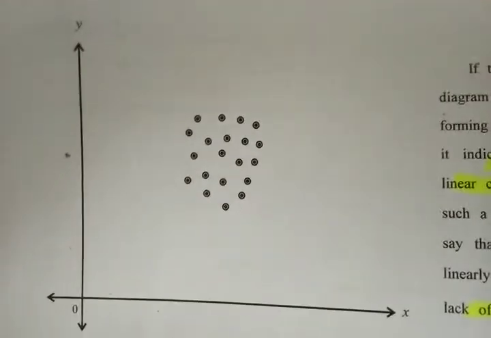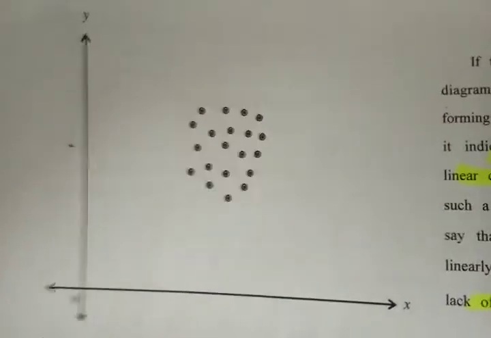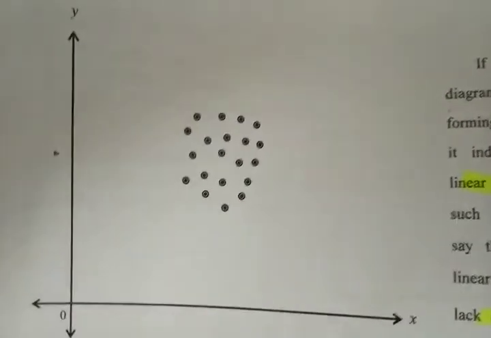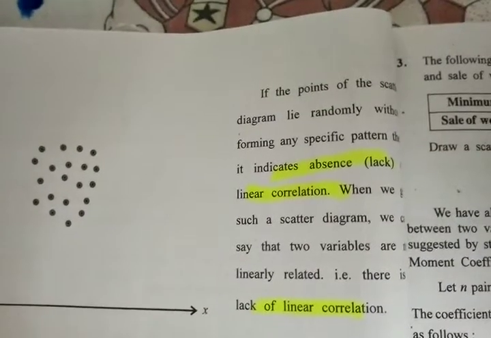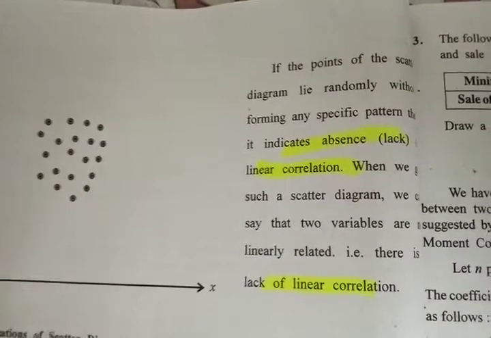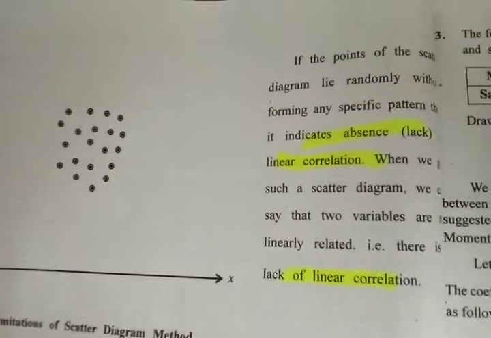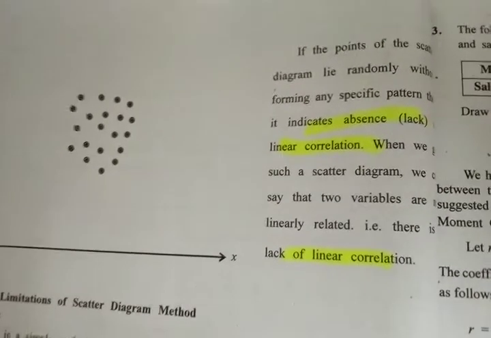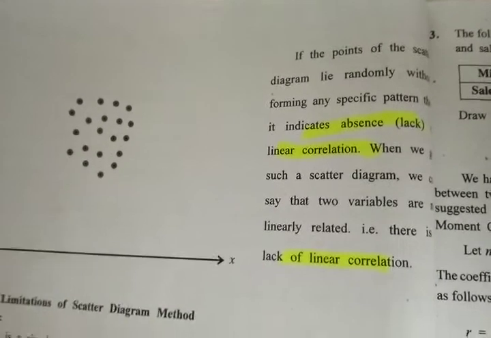Now here we see again a graph in which the points are scattered. There's no order. We don't see a straight line or the points around a straight line. In this case, we can say there is absence of linear correlation. Some other type of correlation may be there, but linear correlation is not there in this particular case. So when you get the points scattered on the graph, we say that's a case of lack of linear correlation. Okay, so that is the implication.